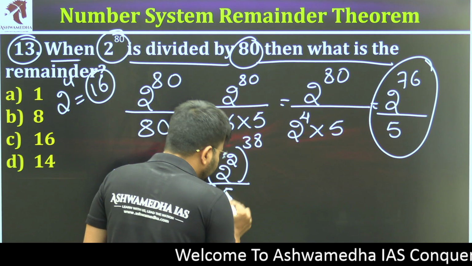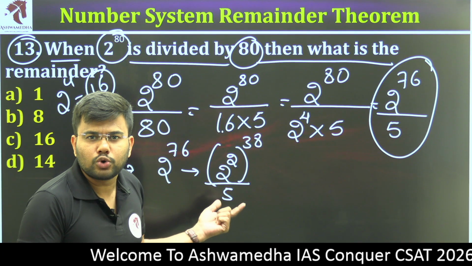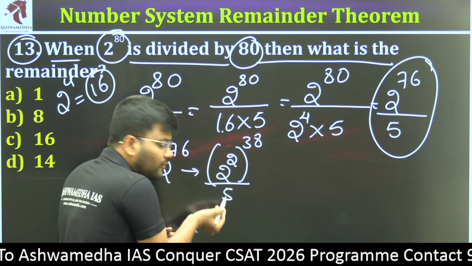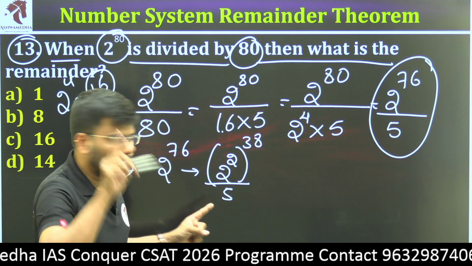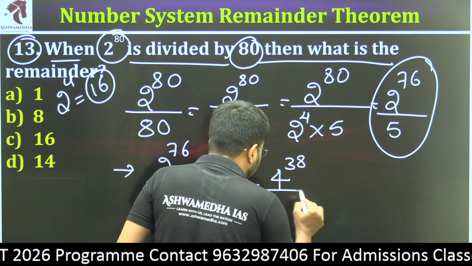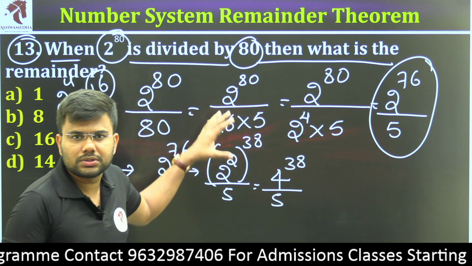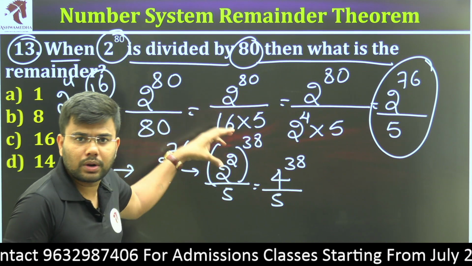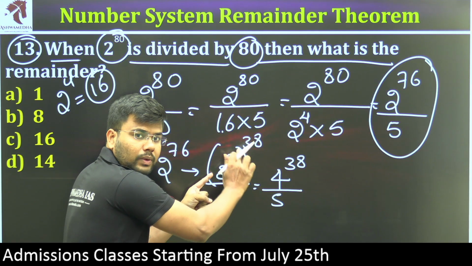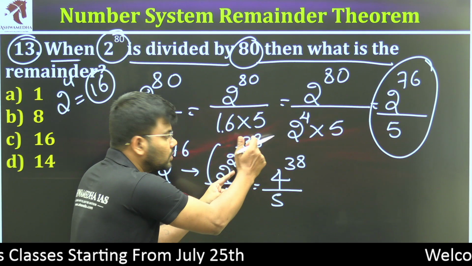Now 2 to the power of 76 can be written as 2 square whole to the power of 38, divided by 5. How to apply the remainder theorem? To apply the remainder theorem, the numerator has to be 5 plus or minus 1. So 2 square is nothing but 4 power 38 divided by 5. You have to reduce these steps over a period of time. 2 square can be written as 5 minus 1, to the power of 38.